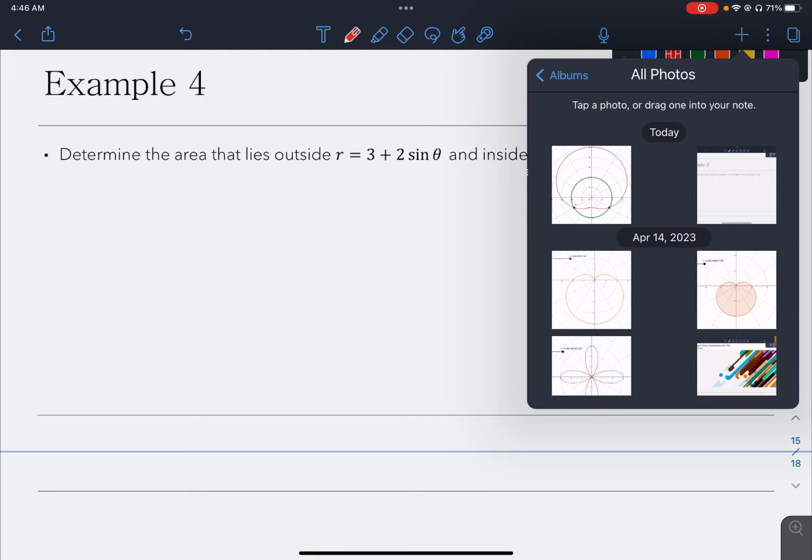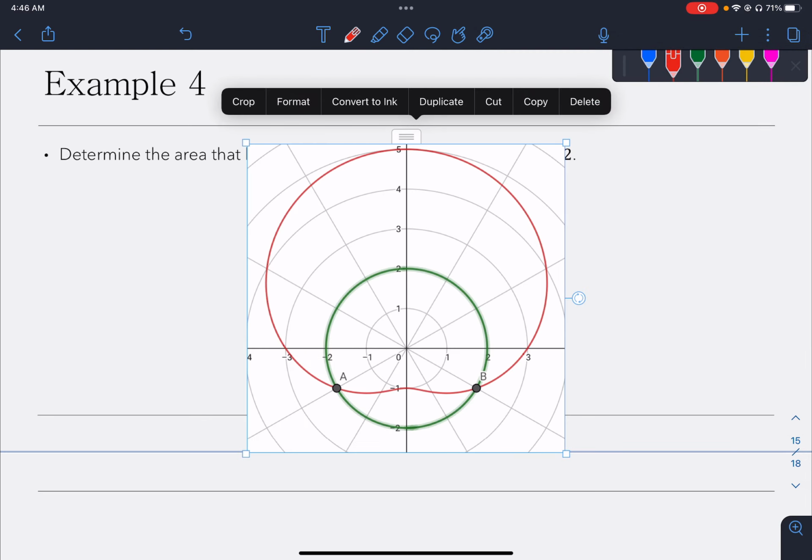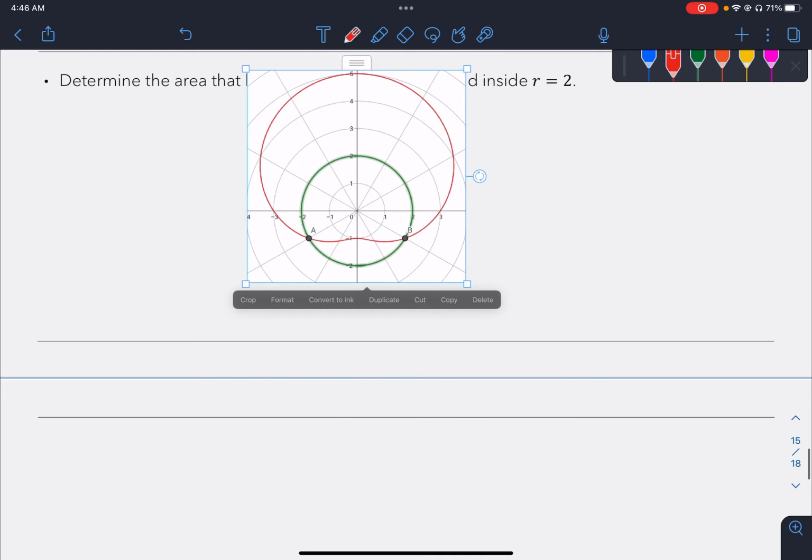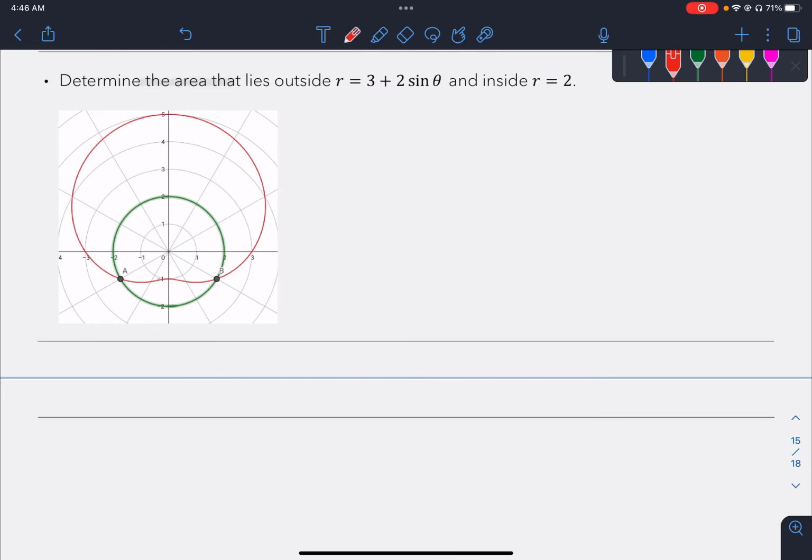So I'm going to use the same graph, but from here, it says to determine the area outside the limacon, and inside r equals 2. So inside the circle, but outside the limacon.